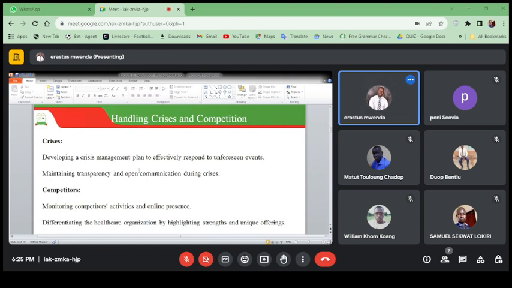Unforeseen events are several risks that, as healthcare organizations, you may not have control over. As we are handling crises, the element of transparency and open communication is very, very key. All organizations need to ensure that they are keen on open communication.